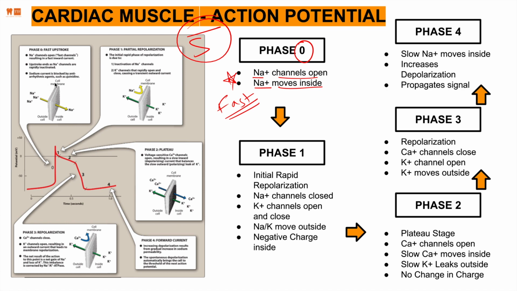When sodium moves inside, it creates an action potential charge. So on the graph right here, what we have is 2 variables in the x-axis and in the y-axis. X-axis, we have time that it takes, and y-axis is the action potential measured in millivolts. So it's the electric charge. When it's resting down here, when it's inactive, it's usually at -70 millivolts.